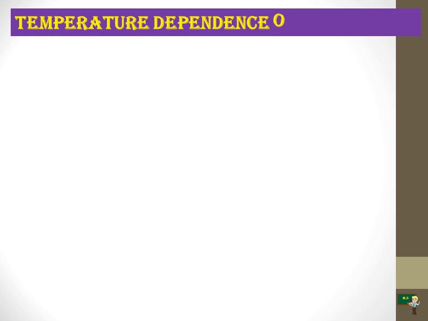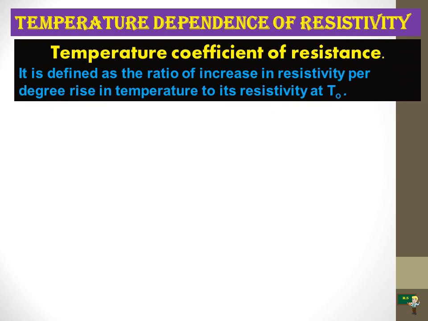Let's move to the temperature dependence of resistivity. As you know, the resistivity of a material is dependent on temperature. It is experimentally found that for a wide range of temperatures, the resistivity of a conductor increases with increase in temperature, and according to that, we have the temperature coefficient of resistance, which is defined as the ratio of increase in resistivity per degree rise in temperature to its resistivity at T0.